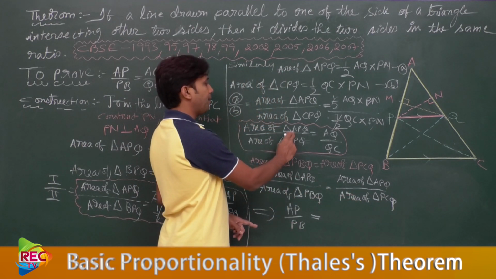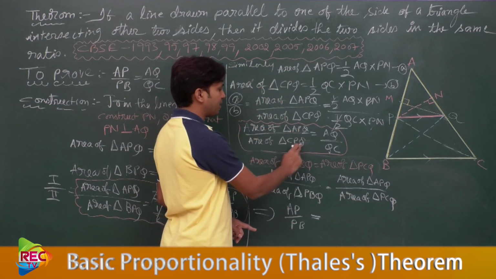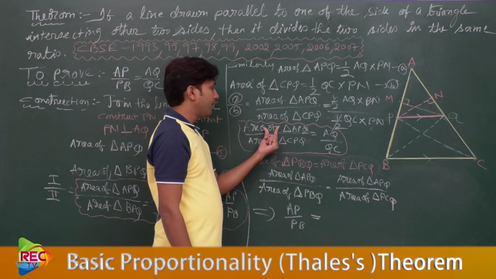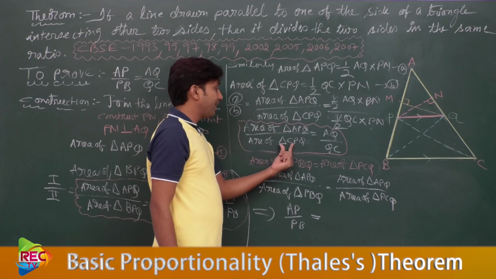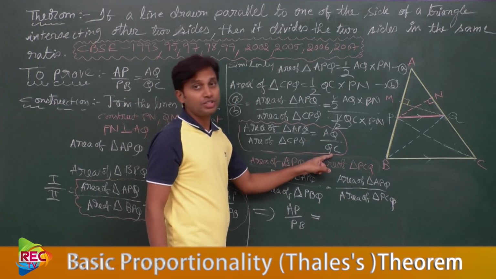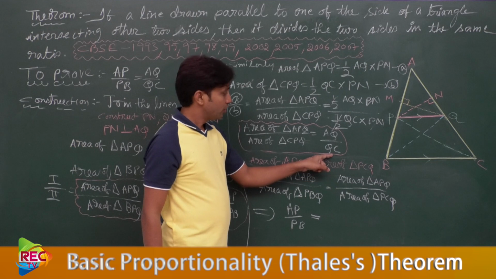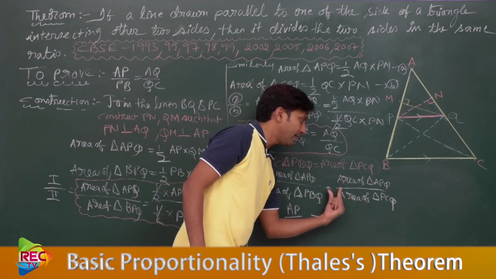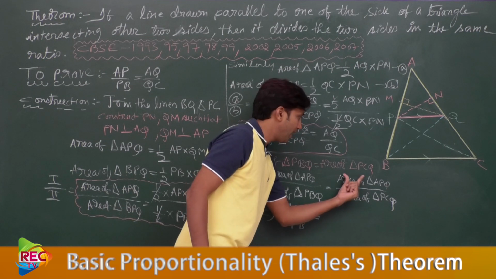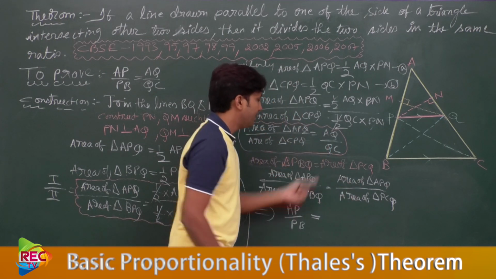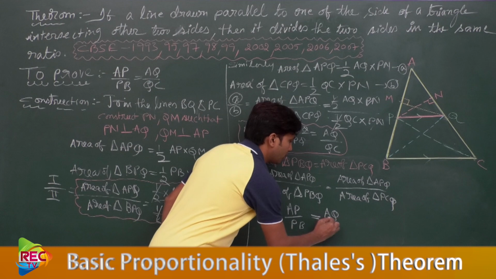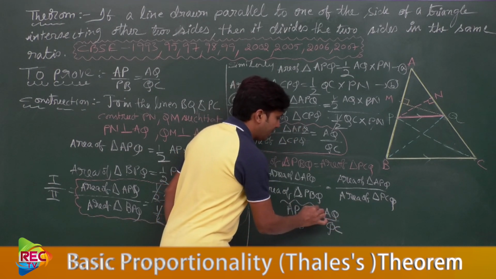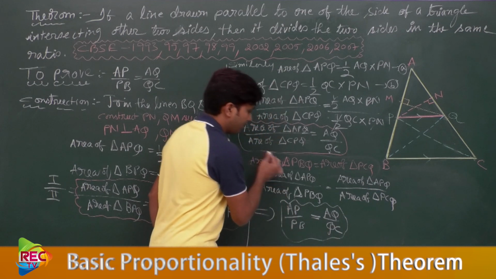Area of triangle APQ by area of triangle PCQ. PCQ or CPQ, same triangle, no? So area of triangle APQ by area of triangle CPQ equal to what? AQ by QC or not? Exactly. So the value of this is AQ by QC, and this is the RHS part. So I think we obtained our required condition.